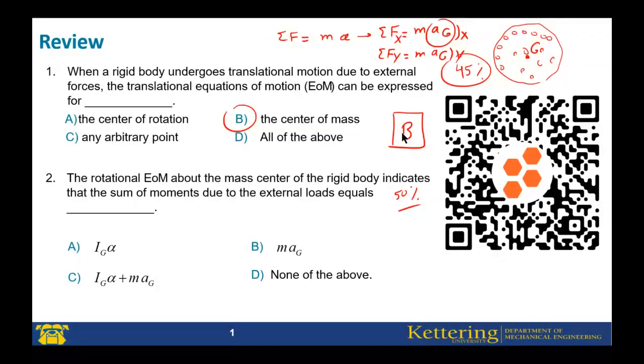Consider that you're new and you're doubting the options. I'm asking about the moment. Okay, this option, what is this? m a_G. What is the type of this one? Force. We are now looking for a moment, not a force. Cancel this.